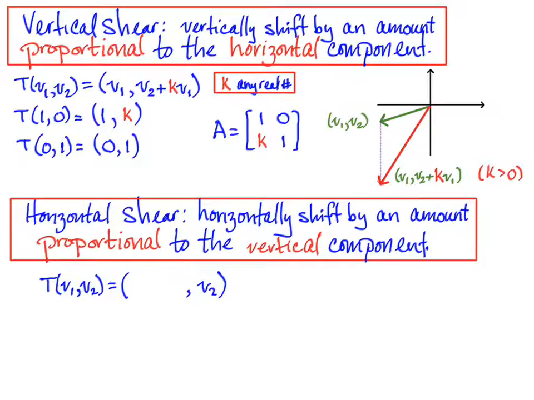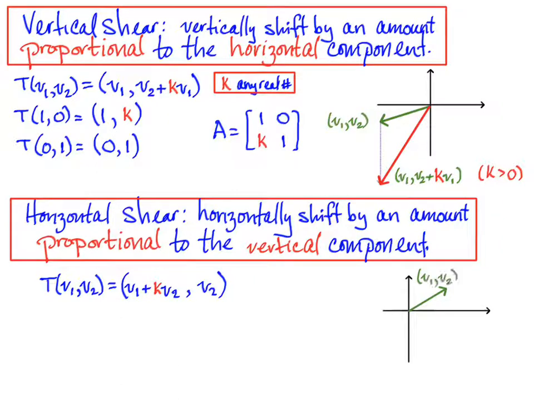Now, it's a horizontal shift, so the vertical component stays the same. So T of V1, V2, the second component is just going to be V2. But the first component is going to be V1 plus an amount proportional to V2. So the first component is V1 plus K times V2.